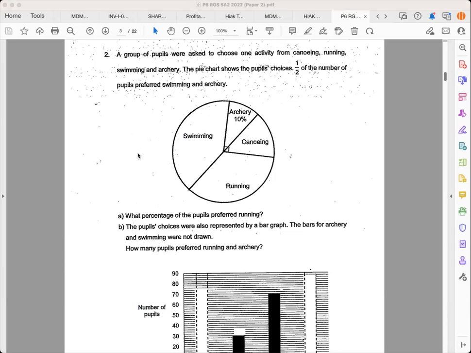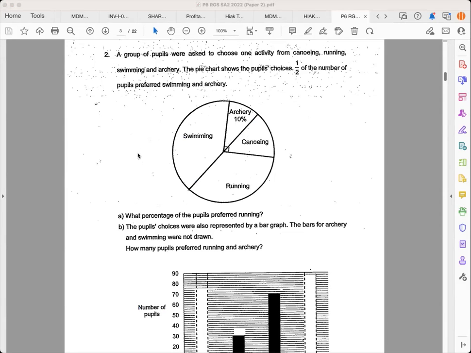A group of pupils were asked to choose one activity from canoeing, running, swimming, and archery. The pie chart shows the pupils' choice. Half of the number of pupils preferred swimming and archery.